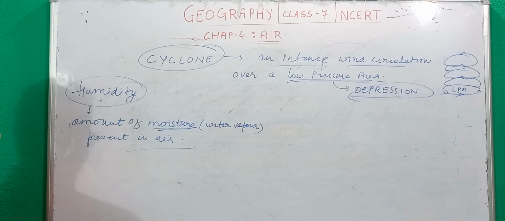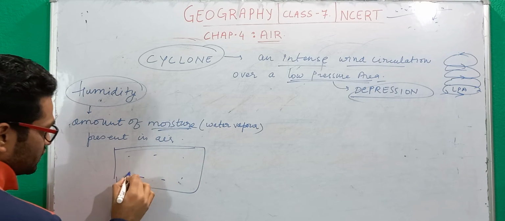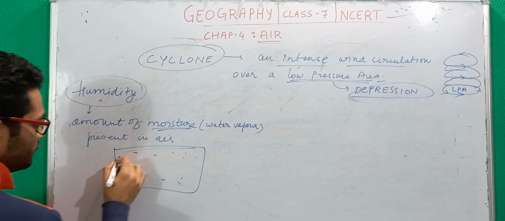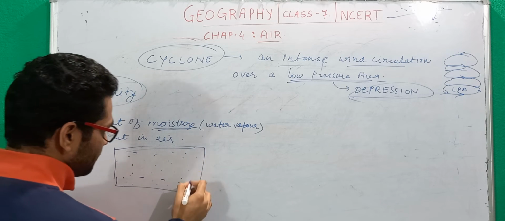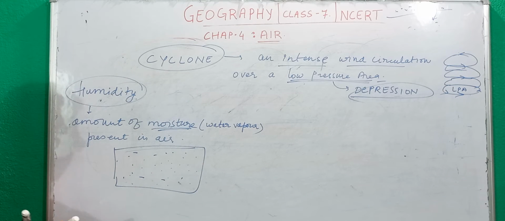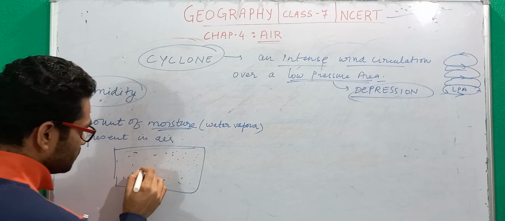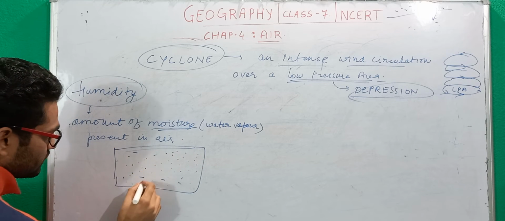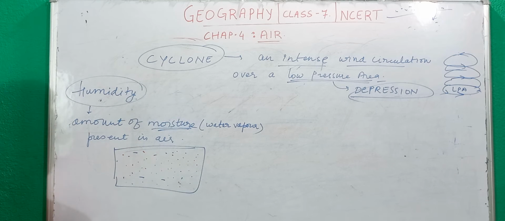For example, suppose these are the air particles, and within this air you will have some water vapor as well. These are water vapors, and of course you will have some amount of dust particles as well.